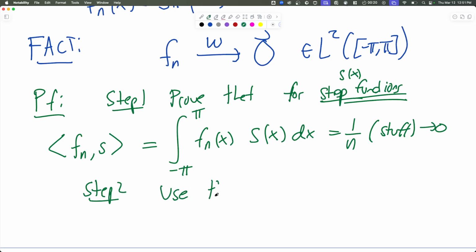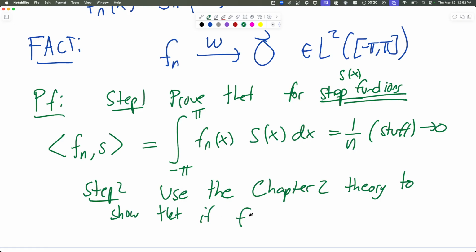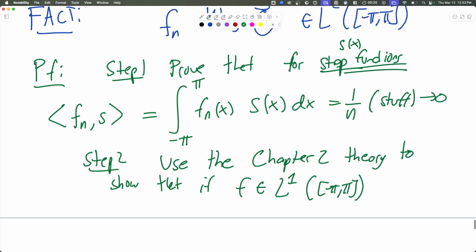Step two: use the theory of Lebesgue integration from chapter 2 to show that if f is in L1, and use step 1. Step 1 says check it for step functions.